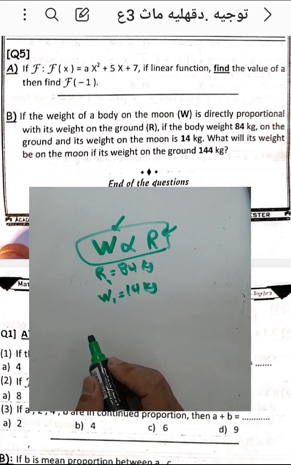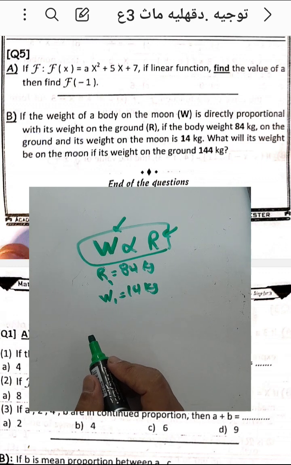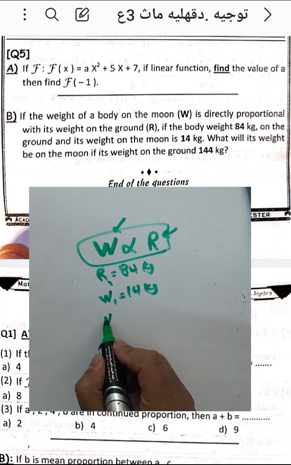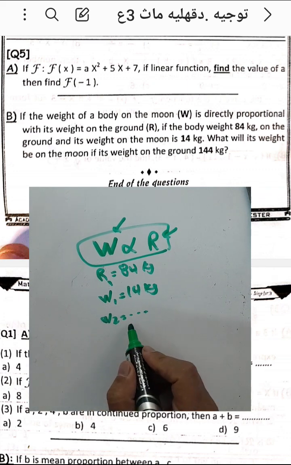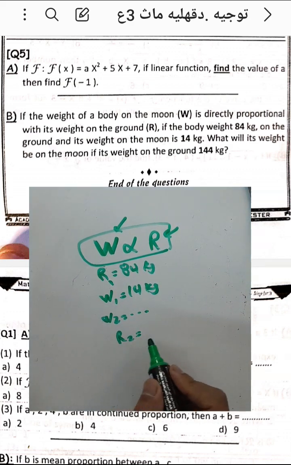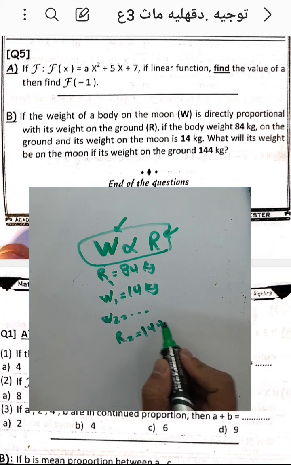What is the weight on the moon, equal what, when the weight on the ground here R2 was 144 kilogram.